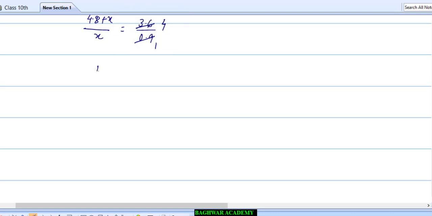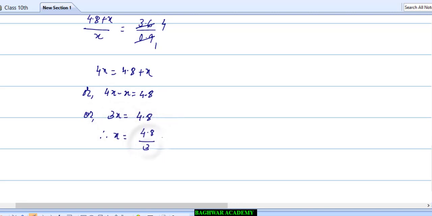So we will get 4x is equal to 4.8 plus x, or 4x minus x will be 4.8, or 3x will be 4.8, and therefore x will be equal to 4.8 divided by 3, it means 1.6 meter, and this will be your answer.